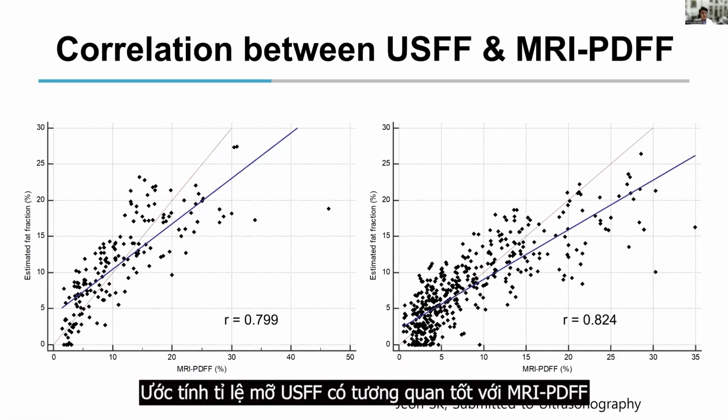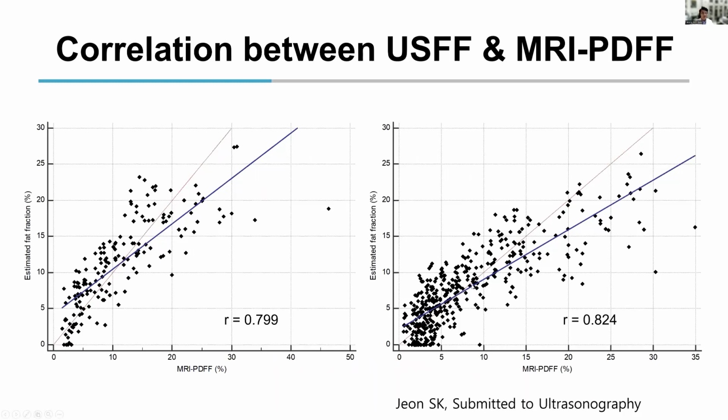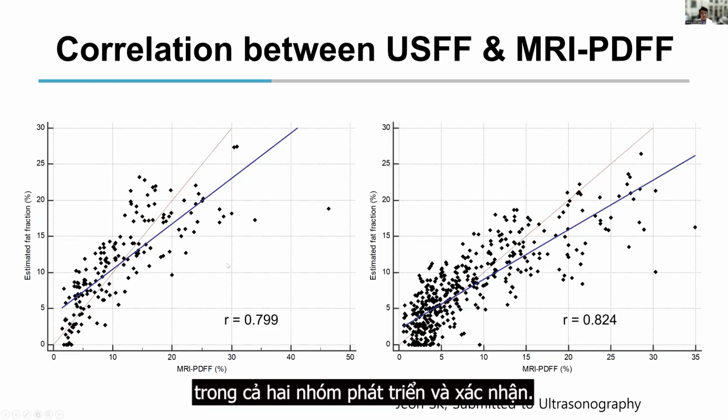QUS-derived estimated fat fraction, USFF, was well correlated with MRI-PDFF in both development and validation sets.